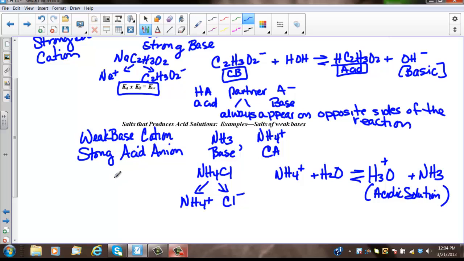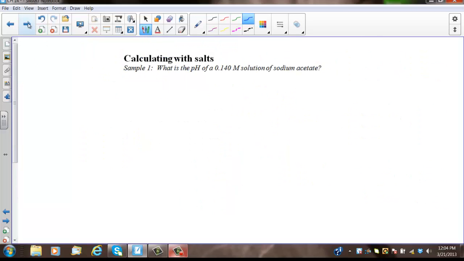Okay, let's do some calculations with salts. So in this problem it says, what is the pH of a 0.14 molar solution of sodium acetate? Well, first of all, when we write sodium acetate, NaC2H3O2, we have to realize what we have here. We have a weak acid with a strong base cation, which means that it's going to be basic.